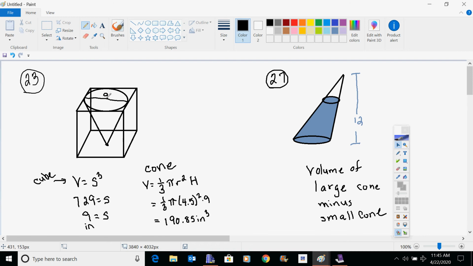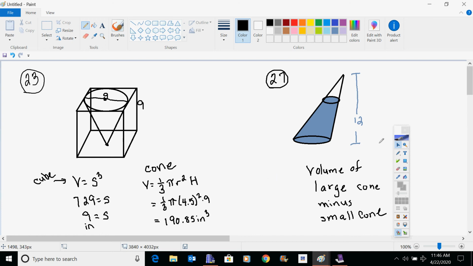Since it's 9 all the way across, it's 4.5 to the middle, and we need the radius for this formula. The height is also 9 because it's basically inscribed inside of this cube. So plug that in on a calculator, 1/3 times pi times 4.5 squared times 9, and get about 190.85.